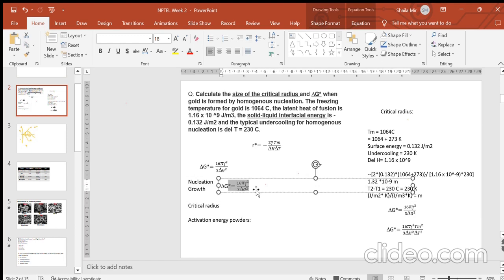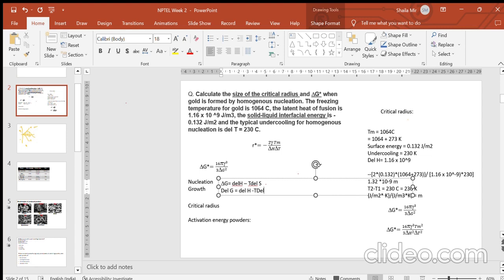We can write delta G as delta H minus T delta S, right? Now for the same equation you can write delta G is equal to delta H minus T, because we know delta S is the change in the entropy per unit change in the temperature, right?